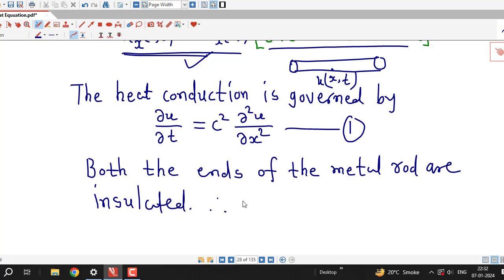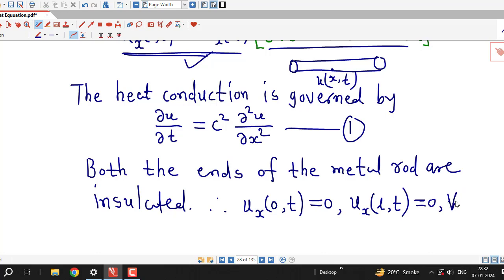Therefore boundary conditions are del U by del X at small x equal to 0 for all time t, and del U by del X at small l equal to 0 for all values of t.